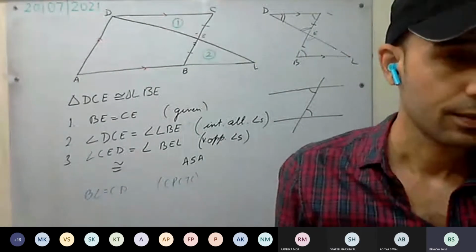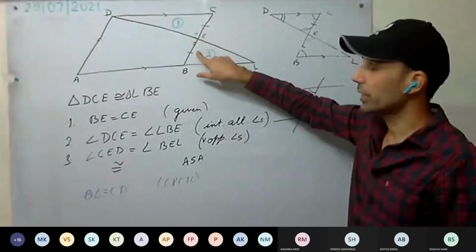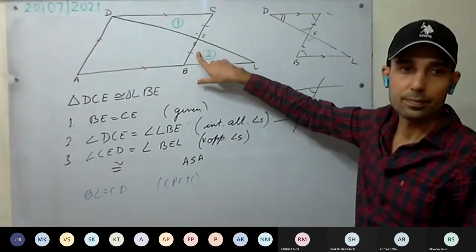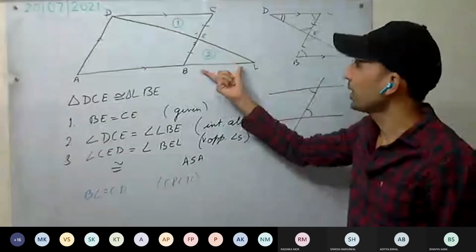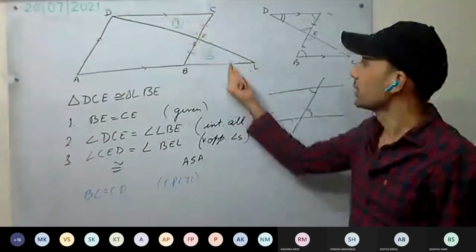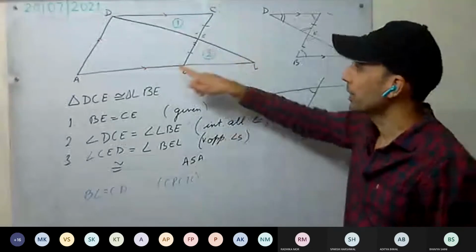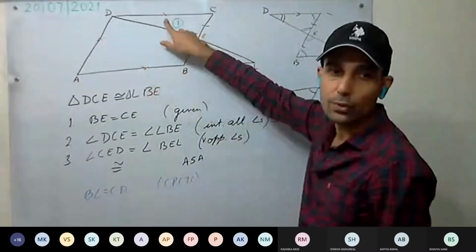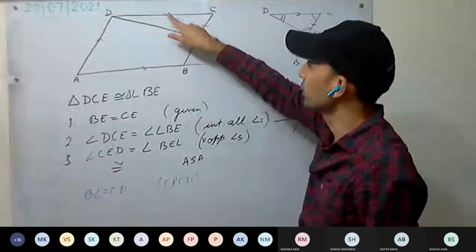Let me say it again. We have already proved these two triangles are congruent. So corresponding sides BL equal to CD, by CPCTC. But AB is also equal to CD, because opposite sides of a parallelogram are equal. So BL equal to CD, and AB equal to CD.